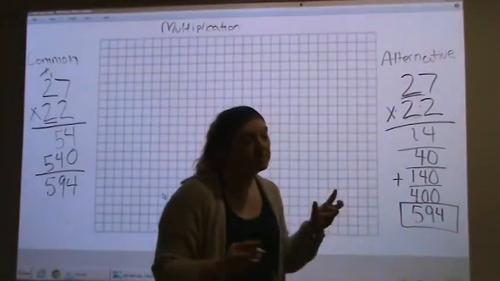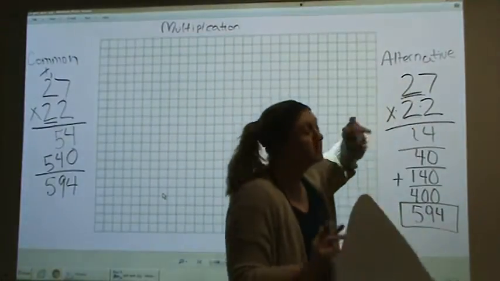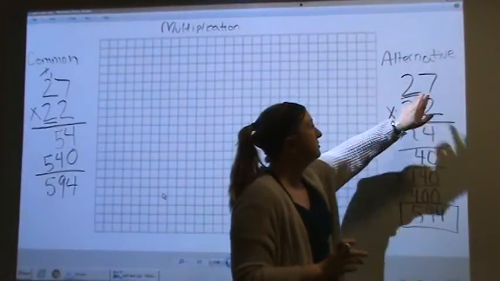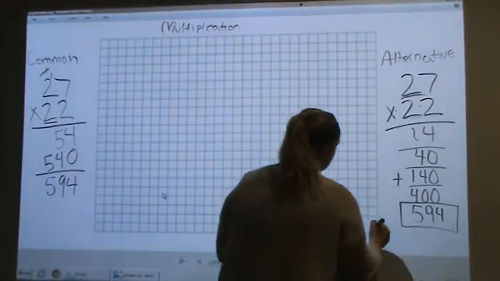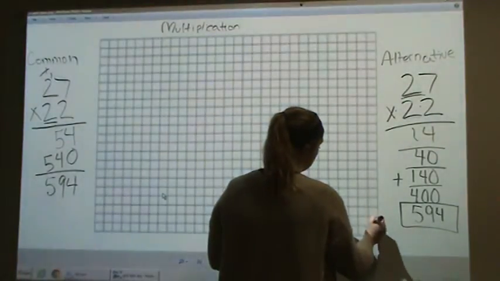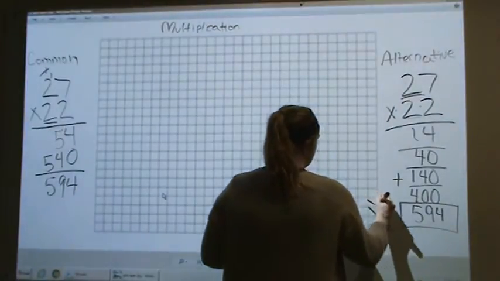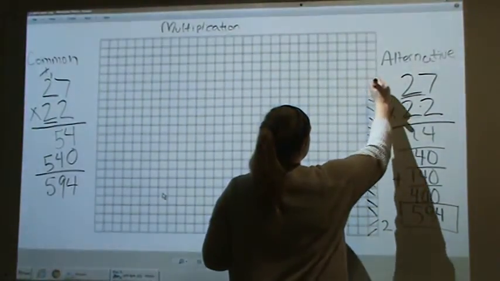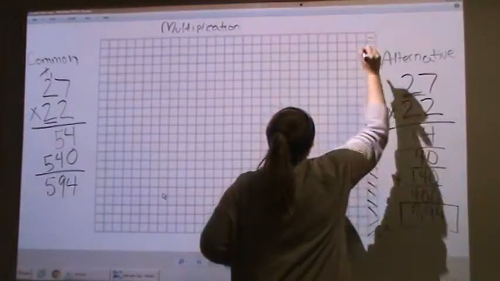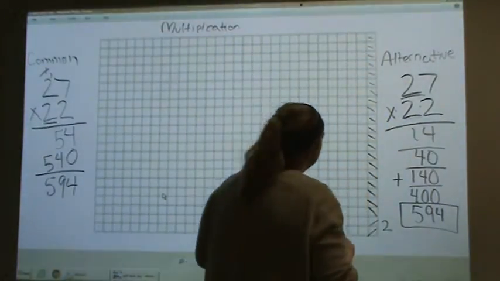And last time when we were splitting these up, we did by tens, and it was only tens. Now, because we're going to split up by tens, it's going to be 20 plus 7 and 20 plus 2. So we're going to go 1, 2, 3, 4, 5, 6, 7, 8, 9, 10. Ooh, that's all the way up there.